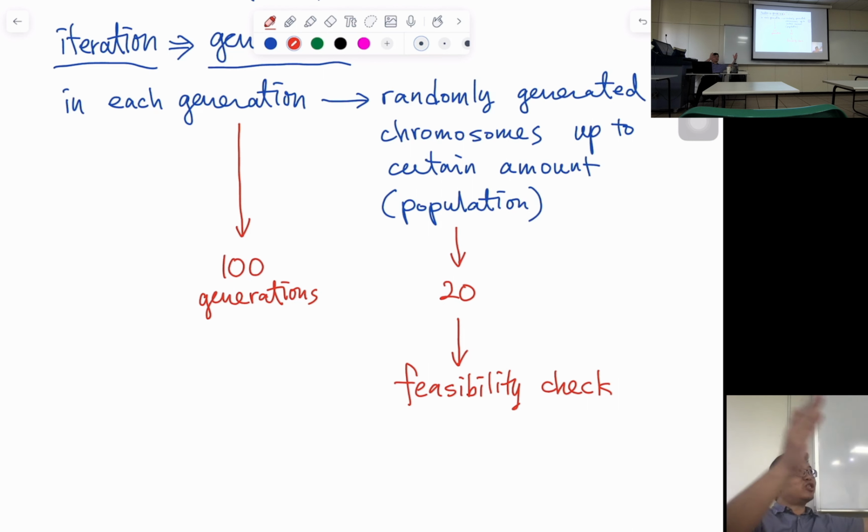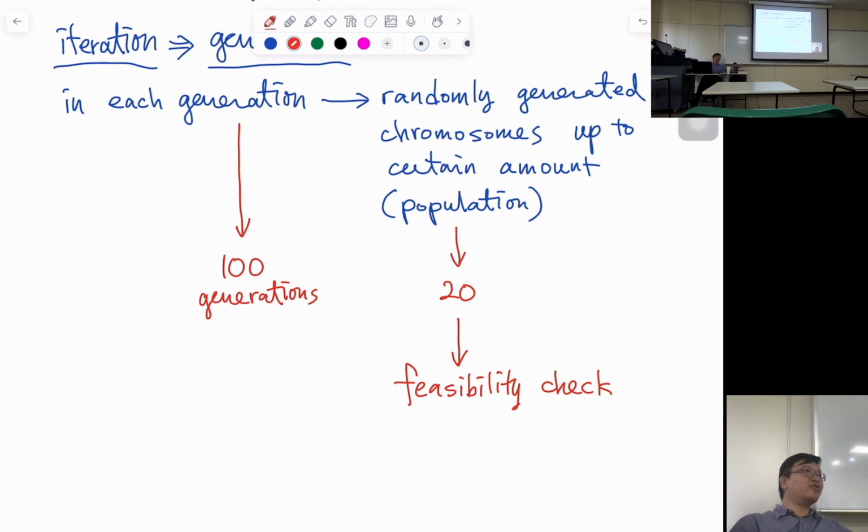So if I randomly generate 20 of them, I need to check, are they all feasible solutions? If one of them is not feasible, I will kill that chromosome, and I will generate another one. So I want to have 20 feasible chromosomes all the time. That's my choice. Do you use the same procedure? It's really up to you.